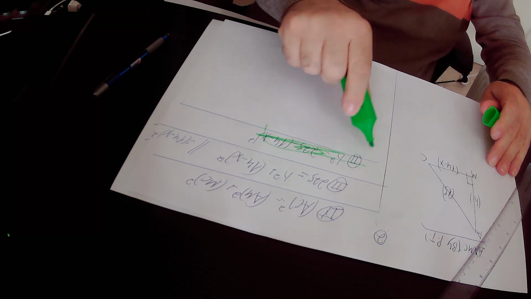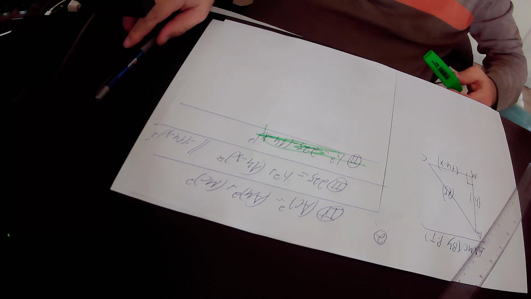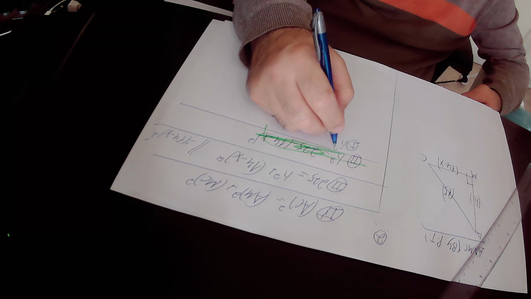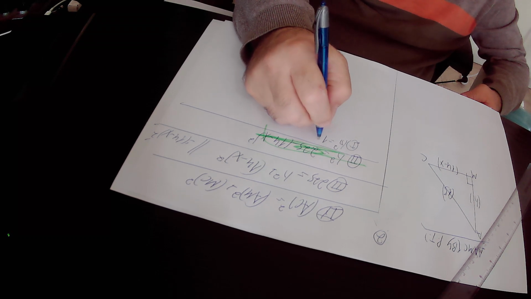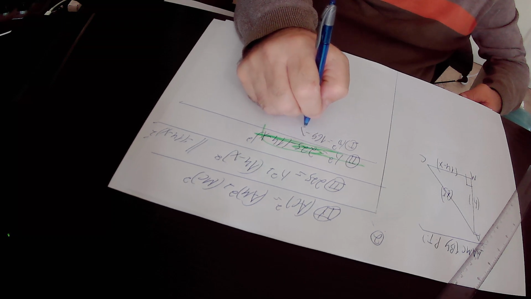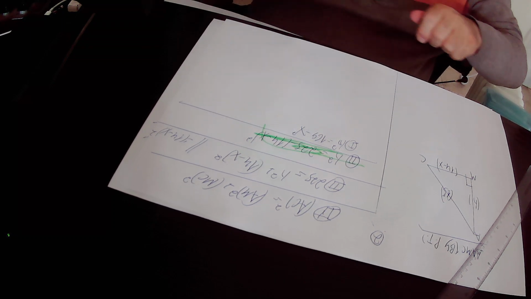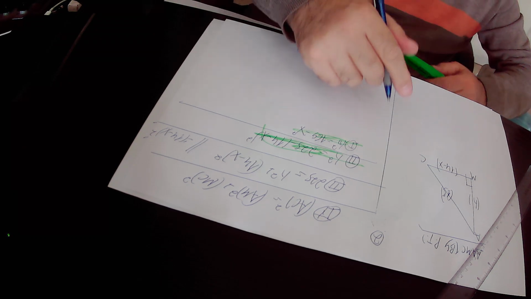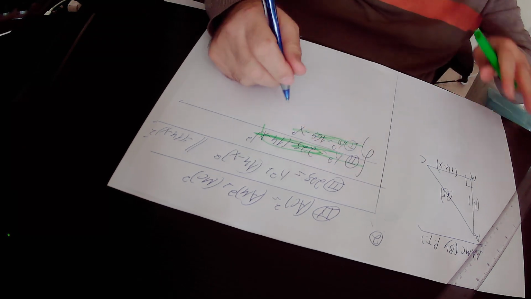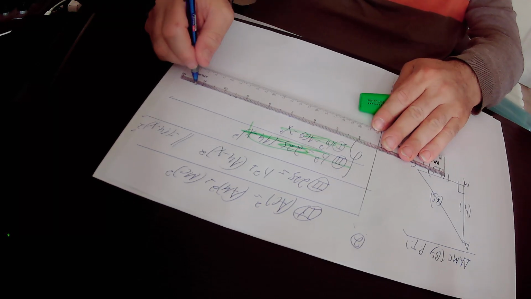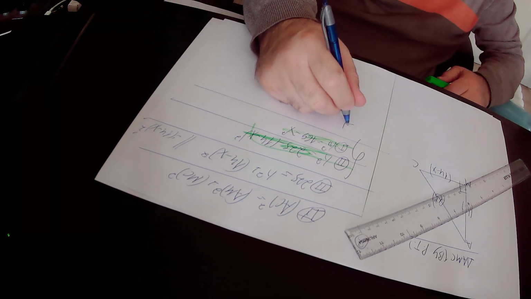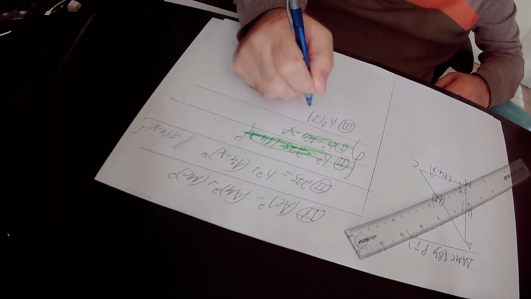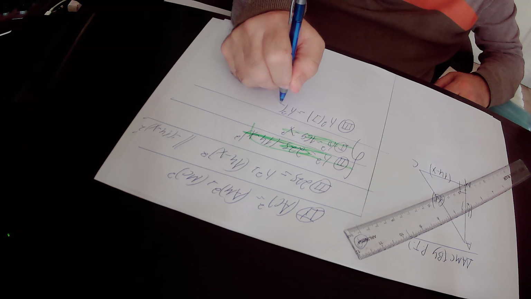While according to equation number 1, we have already found out that h squared equals 169 minus x squared. So we have two different equations for the value of h squared. Therefore, in the next step, we will create equation number 3, which states that h squared according to equation number 1 must be equal to h squared according to equation number 2.